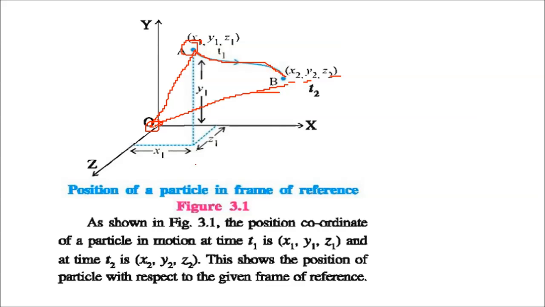So this is the position of a particle in a frame of reference, which is our X, Y, Z coordinate system. So in this scenario, the coordinates of a particle in motion at time T1 are X1, Y1, Z1, and at time T2 they are X2, Y2, Z2. So this shows the position of the particle with respect to the given frame of reference.